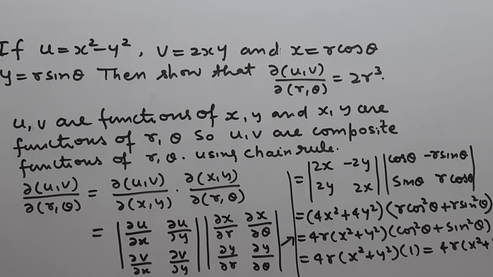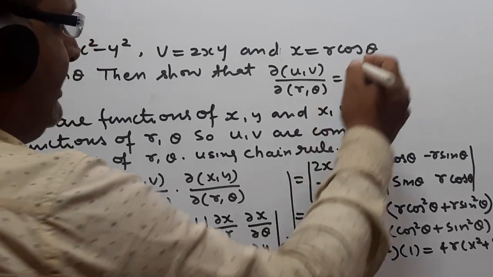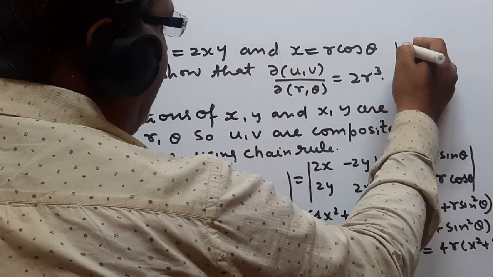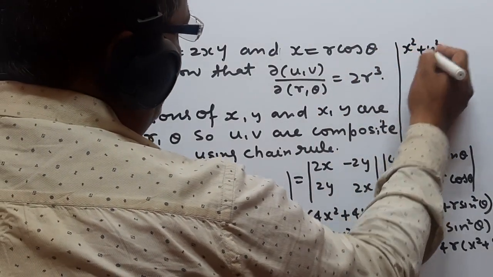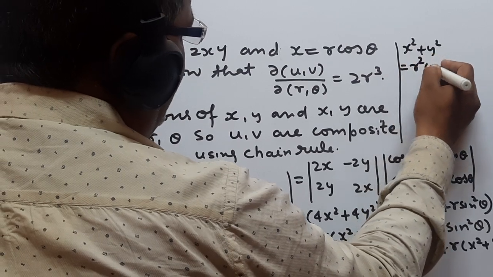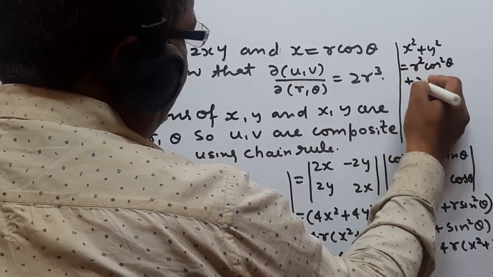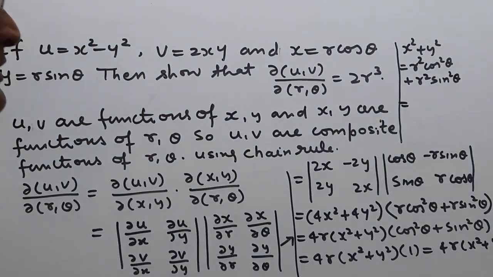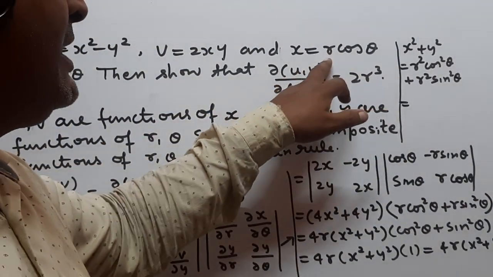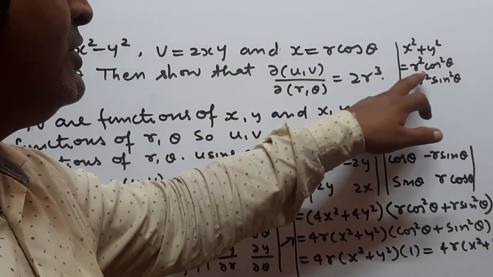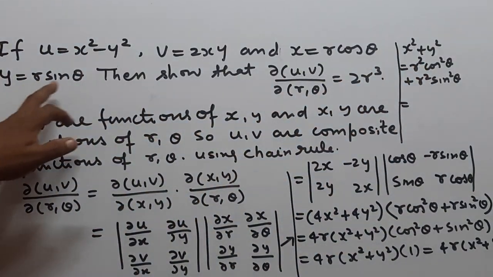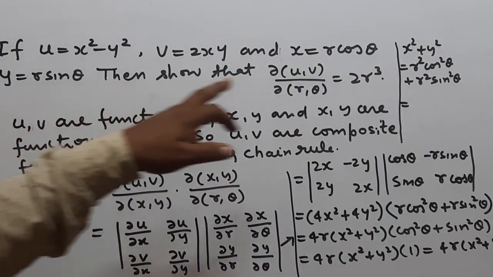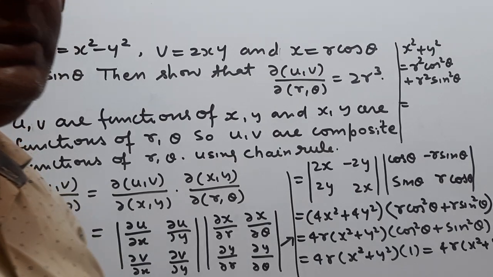Now you know that the given relation is x is equal to r cos theta and y is equal to r sin theta. When we add x square plus y square, we get r square cos square theta plus r square sin square theta. Here x is given r cos theta, so squaring this, we get r square cos square theta, and y is given r sin theta, squaring this is r square sin square theta.